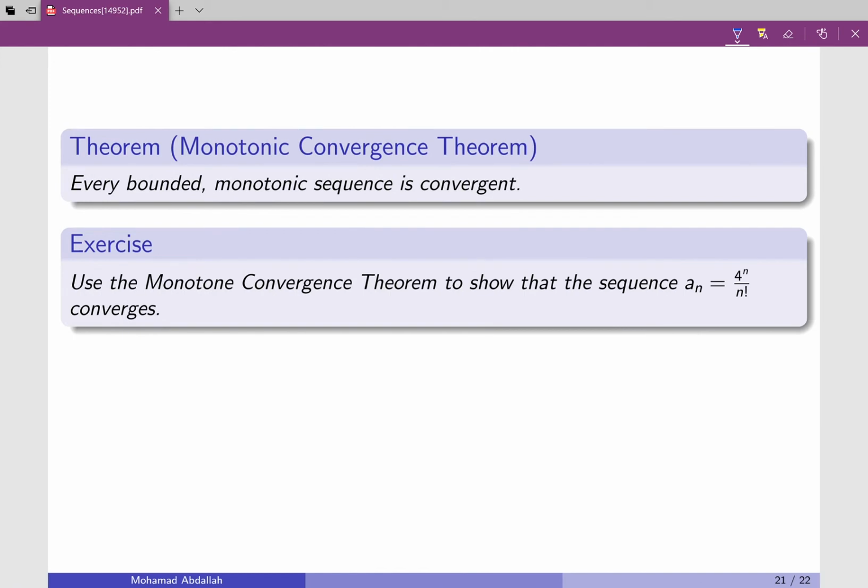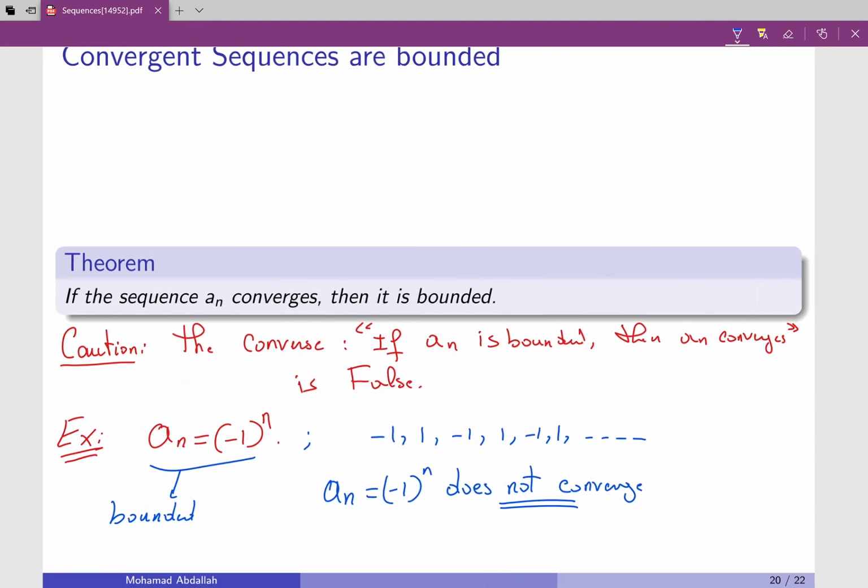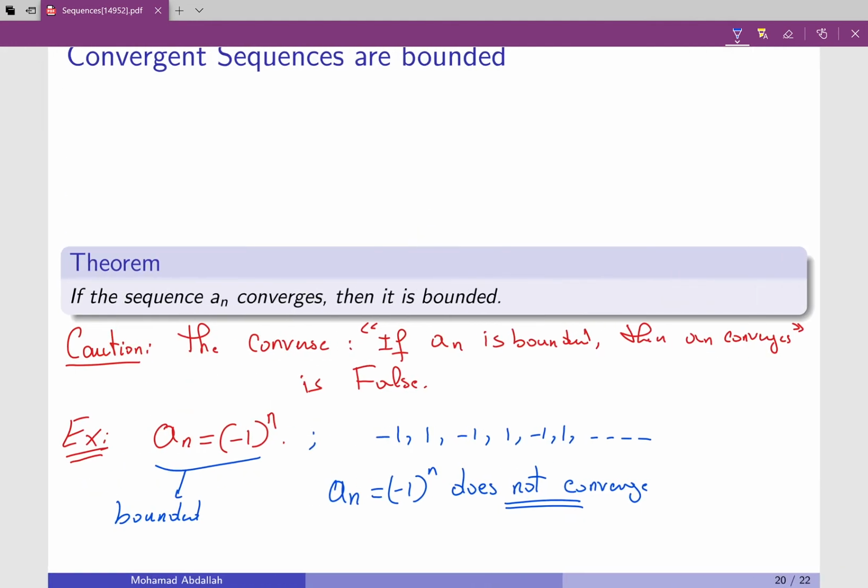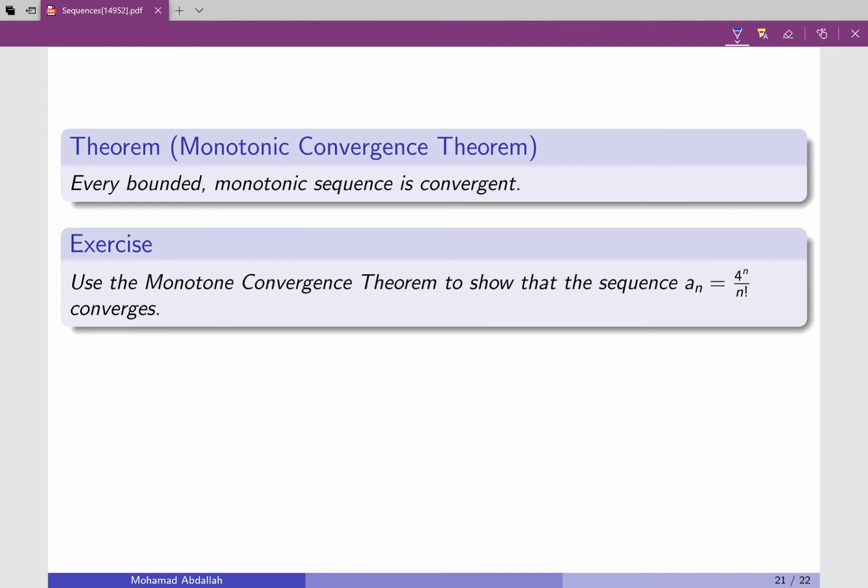Now we state one of the most famous theorems here. Its proof is really hard. We do not provide it in this course. This says the following: you saw in the previous example that bounded does not mean converge. But if you know that it's bounded and monotonic, then it's convergent.